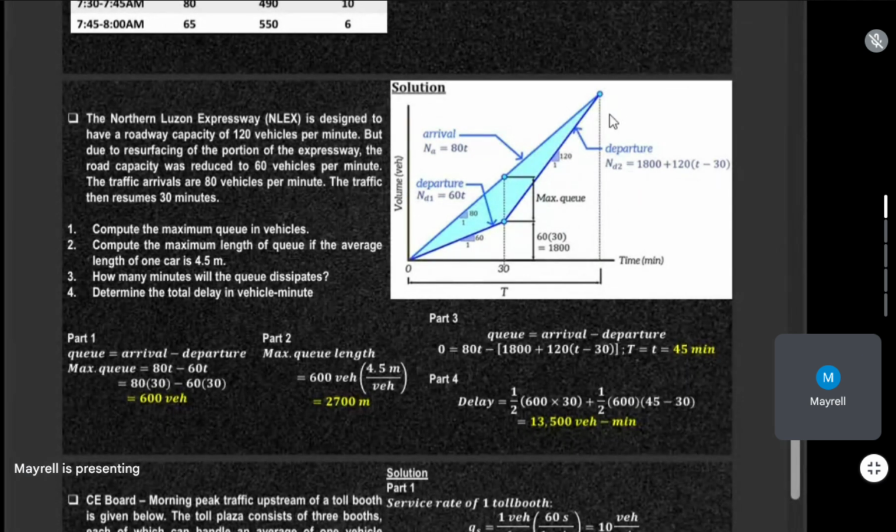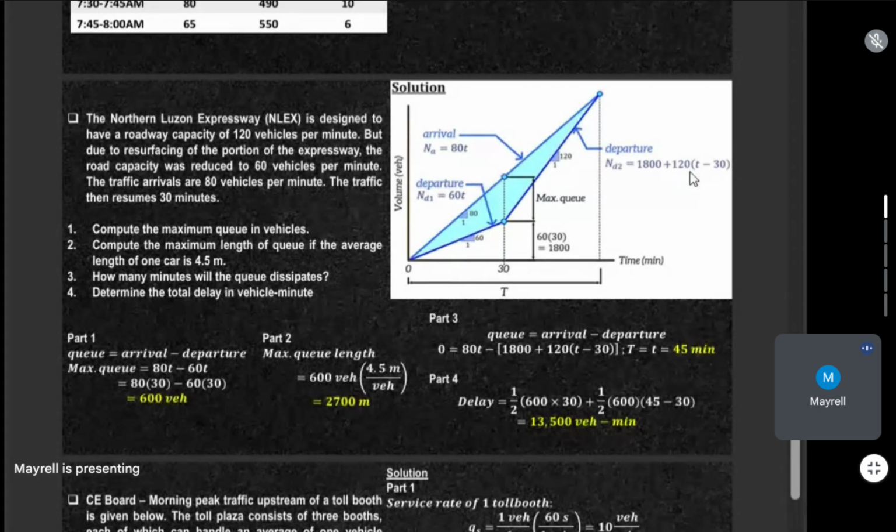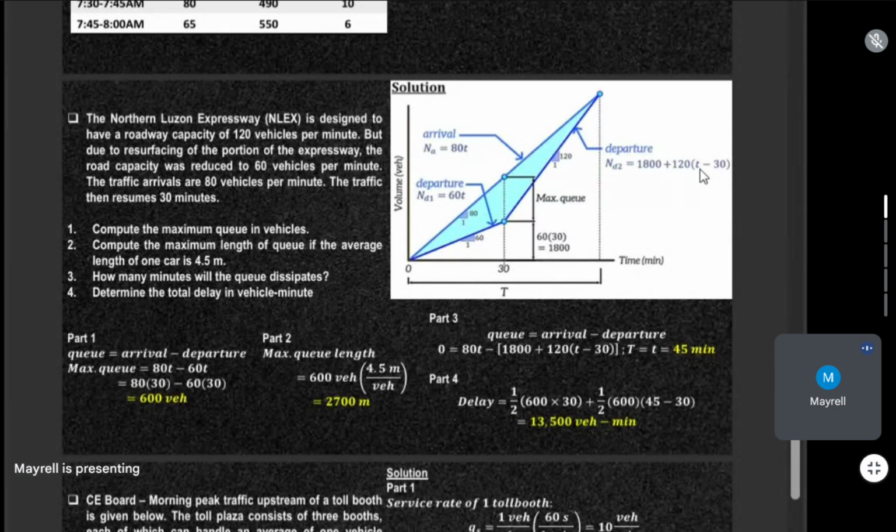So for this departure rate, 30 minutes is 60 times 30, so you have 180, plus the departure rate of 120, so that is 120 times the time minus 30. Since we don't know the time yet, minus the 30 minutes. So you have 180 plus 120 times t minus 30.